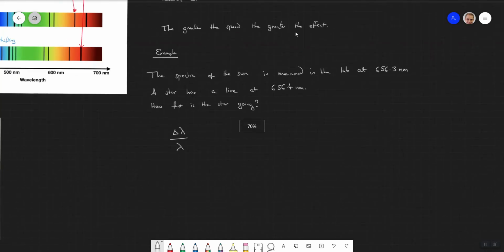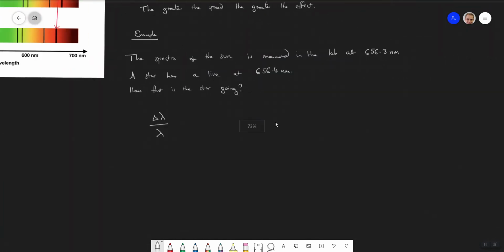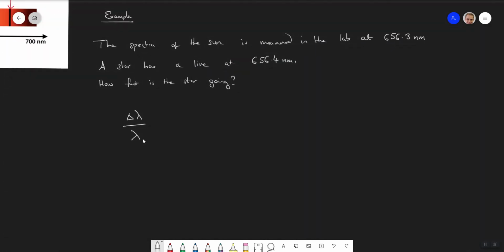I want to make sure they use lambda 0, which is the original, as in what it should be before any shifting happens, is equal to V over C. Just to define these terms, that's the change in the wavelength. This term here is lambda from the sun, or if you were to set the whole thing up in a lab and ask what the true reference wavelength is.